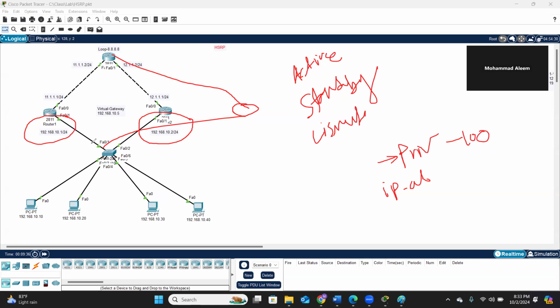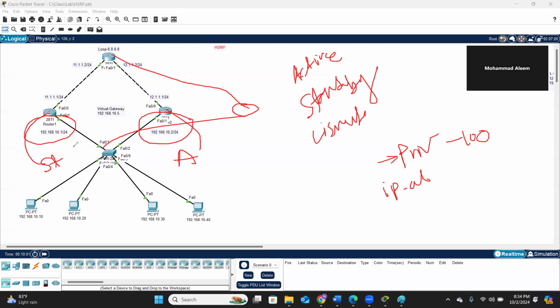Whichever has the highest IP address will be elected as the active router, and whichever has the lowest IP address will be elected as the standby router. In these two IP addresses, this one is the highest, so it will be elected as the active router, and this will be elected as the standby router.